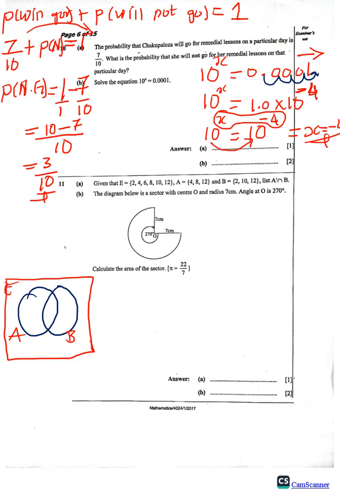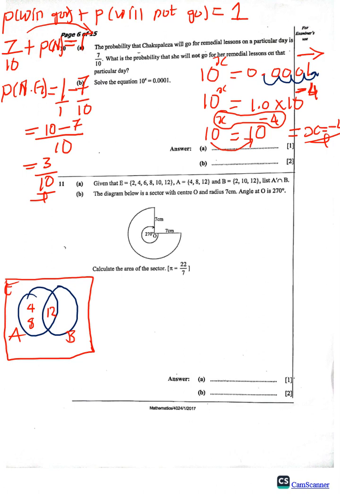So first let's find A intersecting B. The elements that are common in A and B is 12. So let's put our 12 here. Then from A, here is the 4, 8, 12. So 4, 8, we have written the 12.